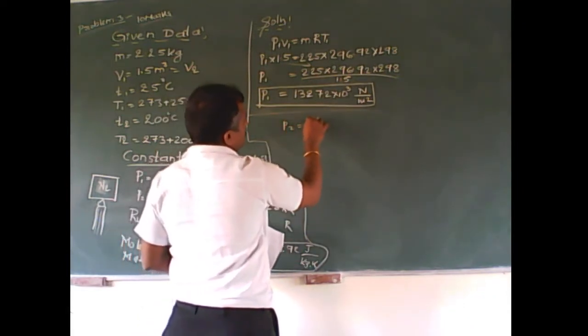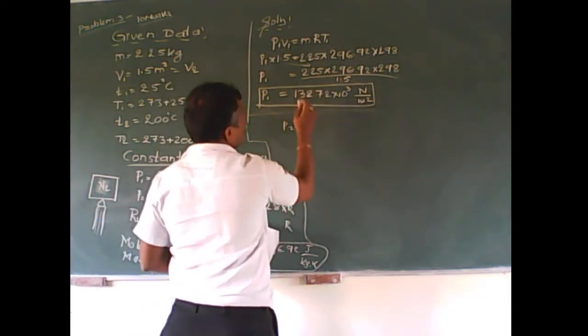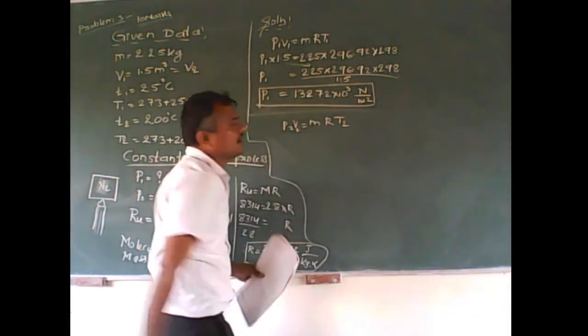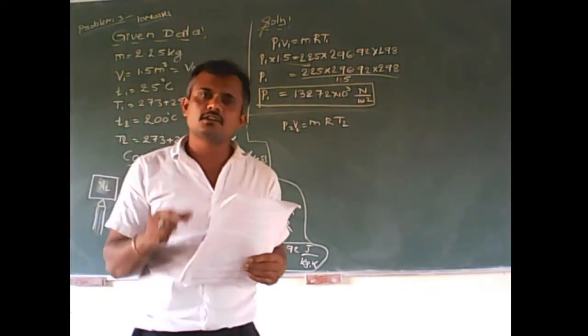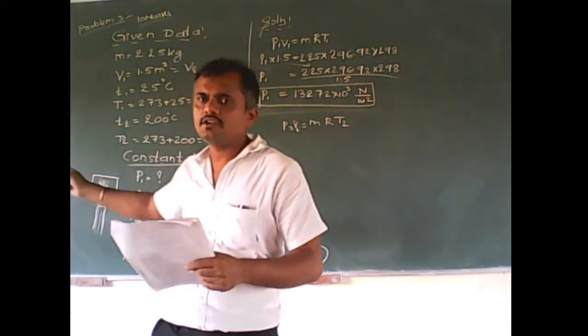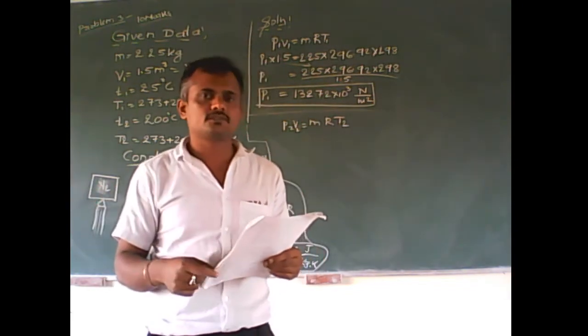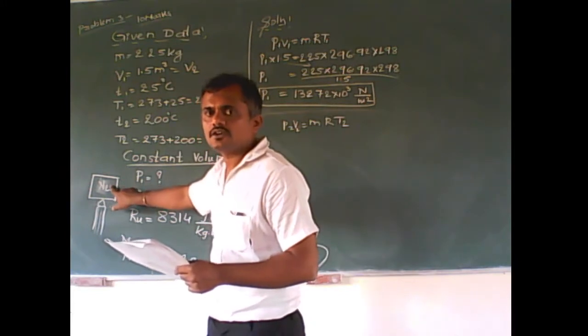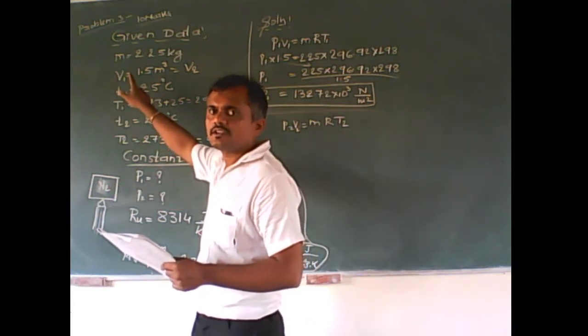P2V2 is equals to MRT2. Why? Because in a fixed volume, the mass of nitrogen after heating will not increase. Therefore, once again I repeat, here the mass of nitrogen present is 2.25 kg.